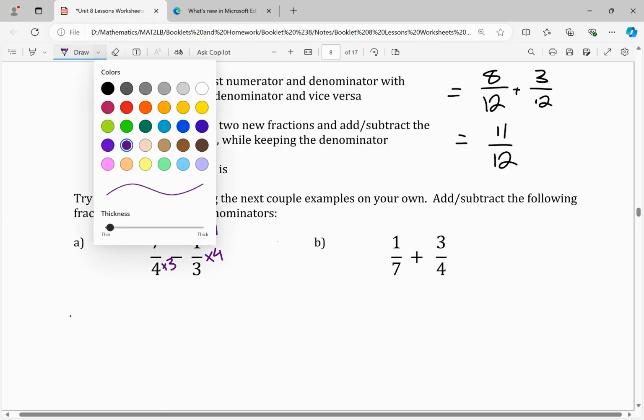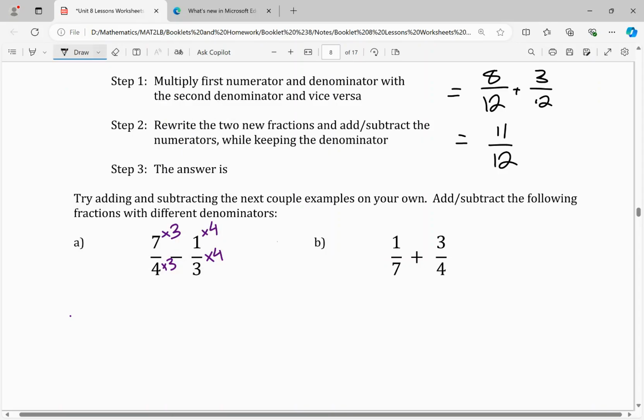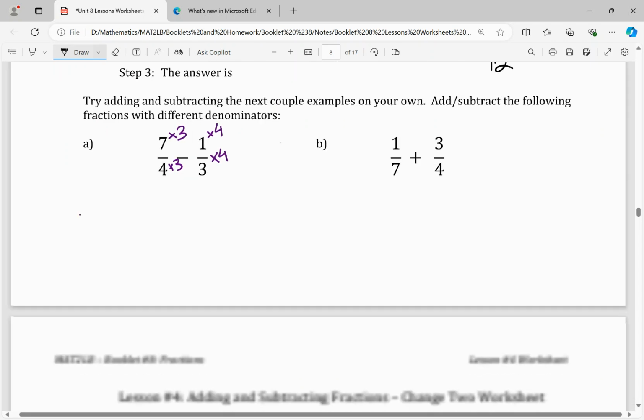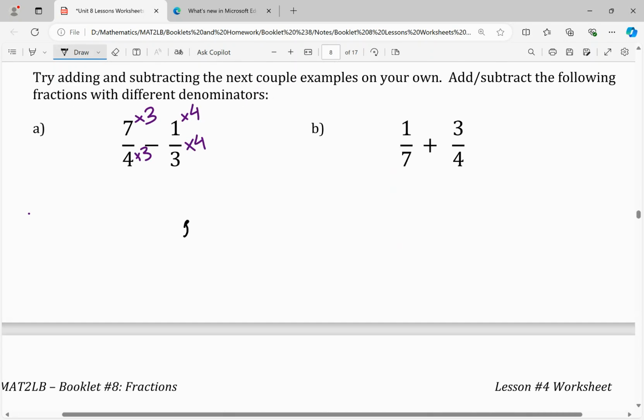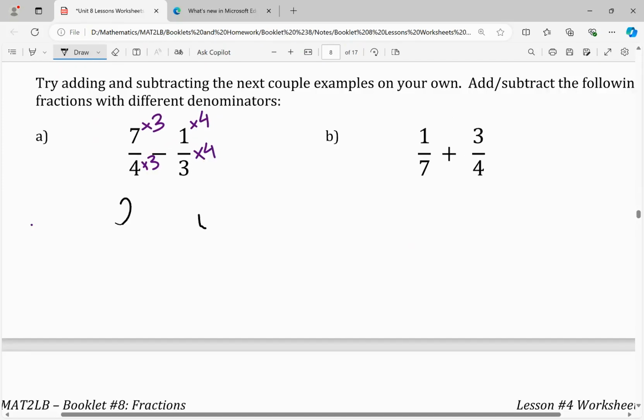That is going to give me 7 times 3 is 21 over 4 times 3, which is 12. Subtract 1 times 4, which is 4, over 3 times 4, which is also 12. Now that they have a common denominator, 21 minus 4 gives me 17 over 12.